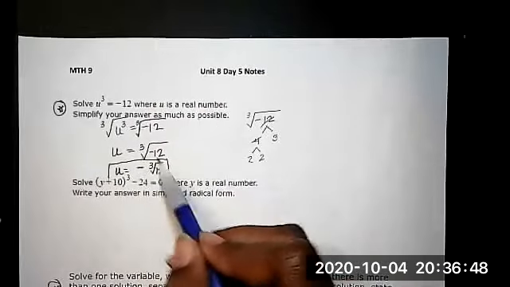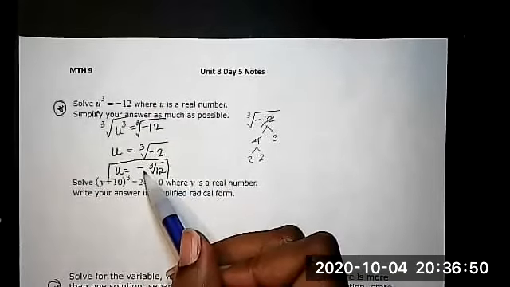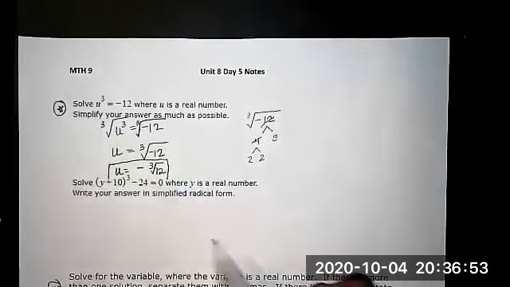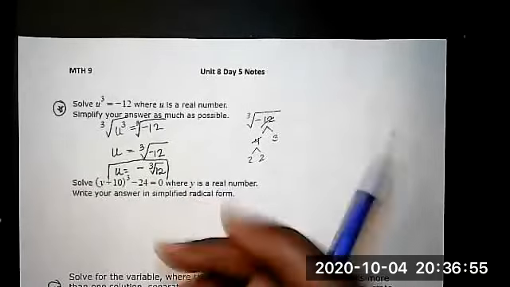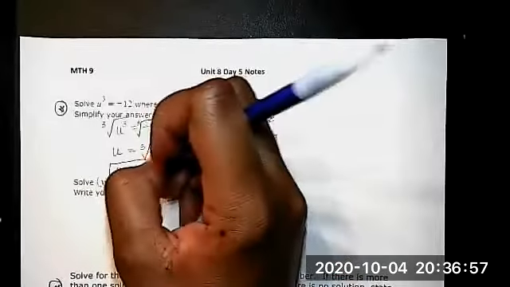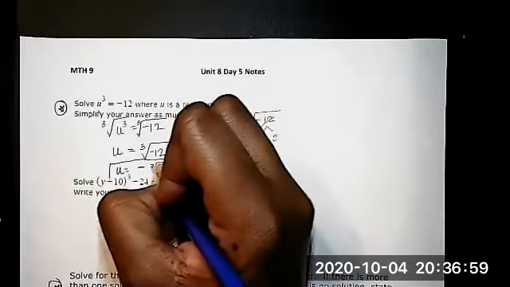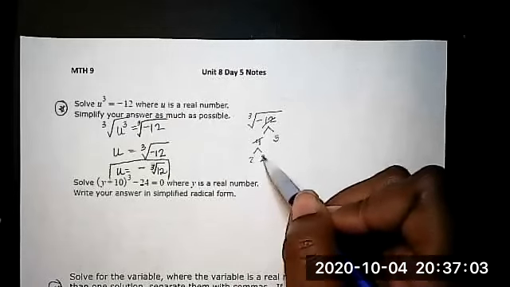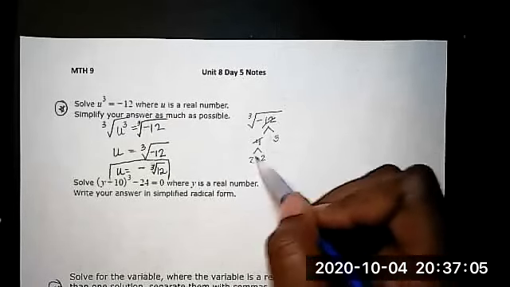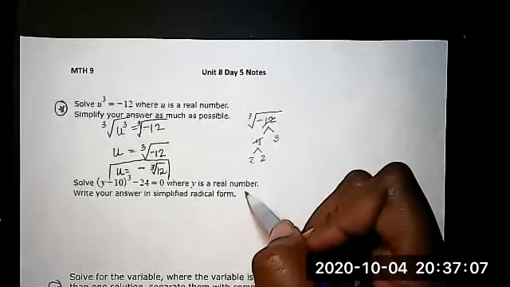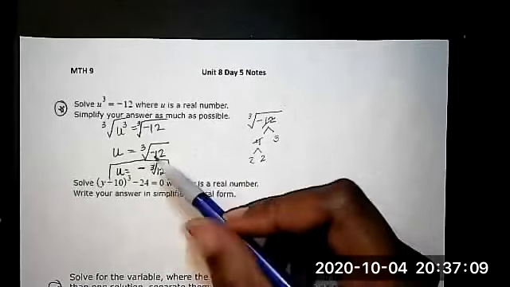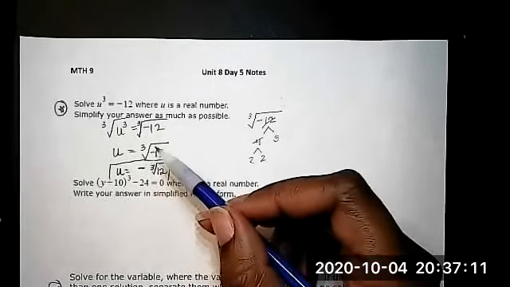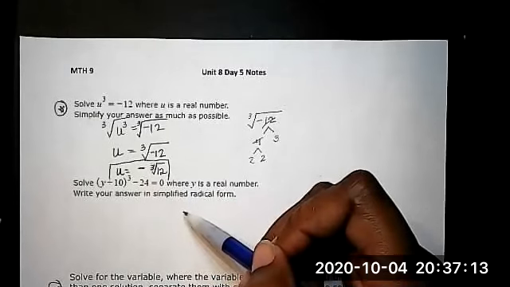So the negative on the inside will come outside. That's basically all you can do here, and this is the cube root of 12. And we showed it over here: there are no 3's, no 3 of anything. Remember, the same number has to be in there 3 times in order for it to come out once, and it doesn't happen. So it's just going to have that negative come on outside. Okay?